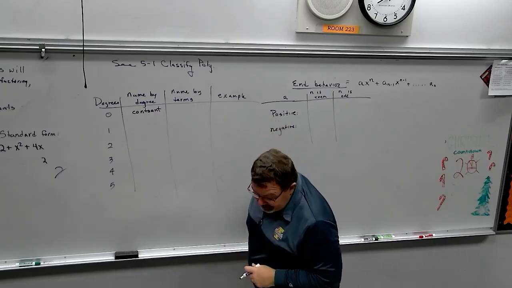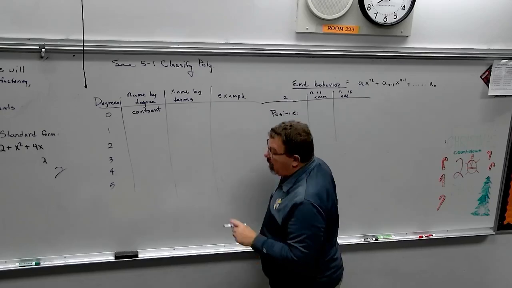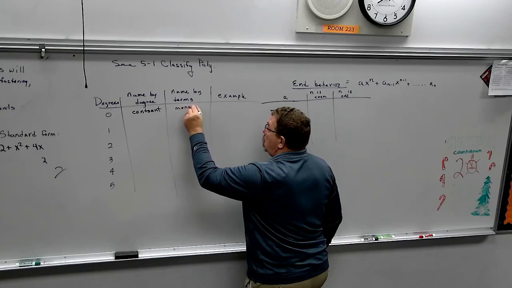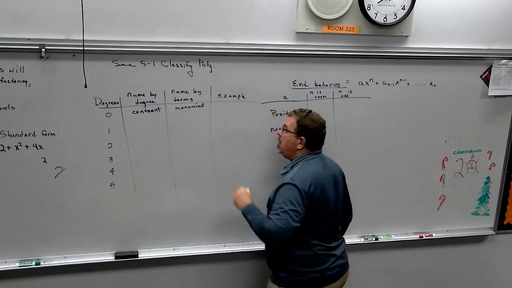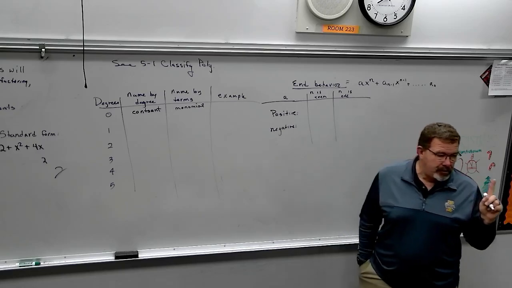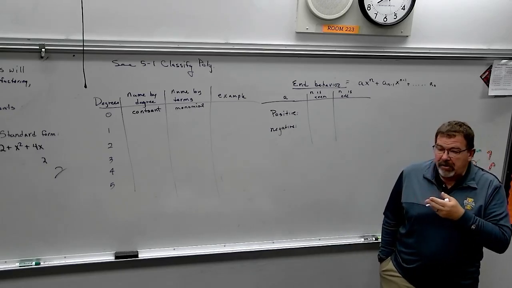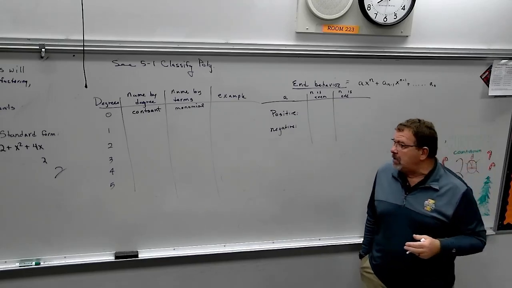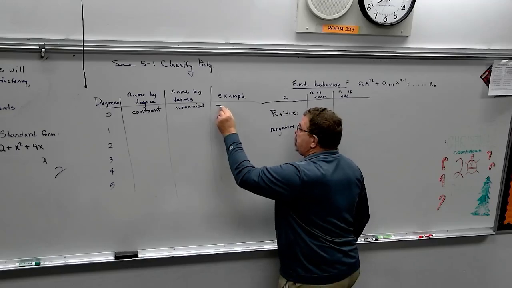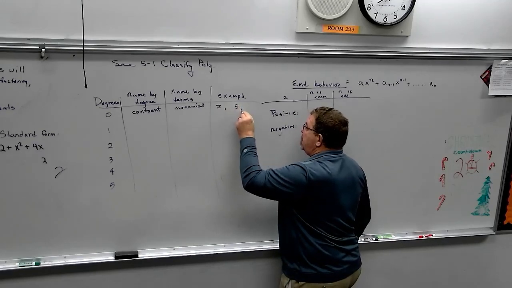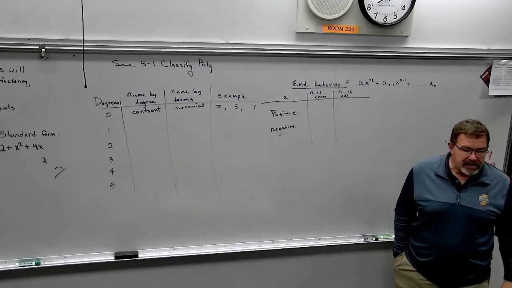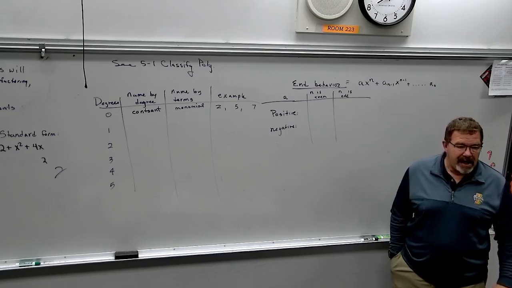The name by terms, we would call this a monomial. Monomial means you have one term. And there's one term there. It's a 2. It doesn't have to have a variable. It's still a monomial. An example would be 2, 5, 7. Those have no variables, right? And we would call that a monomial.